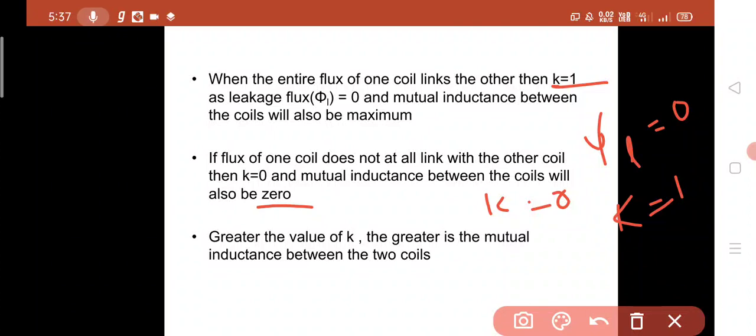The greater the value of K, the greater is the mutual inductance between the two coils.